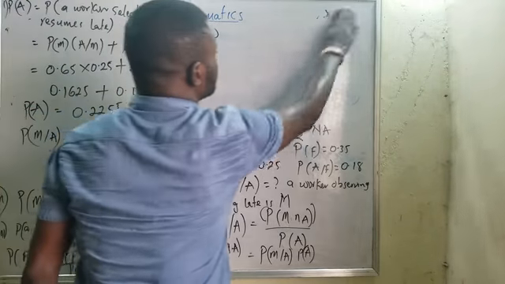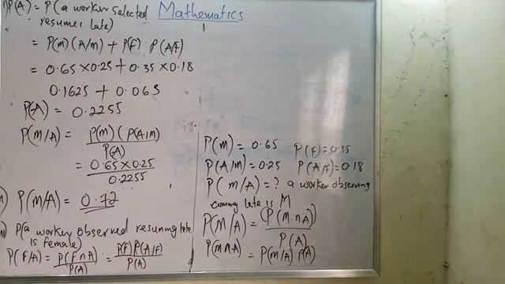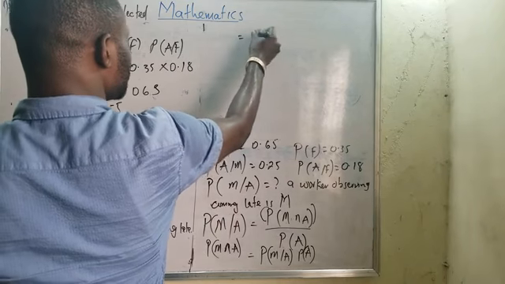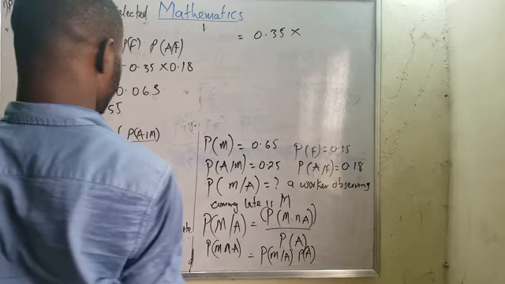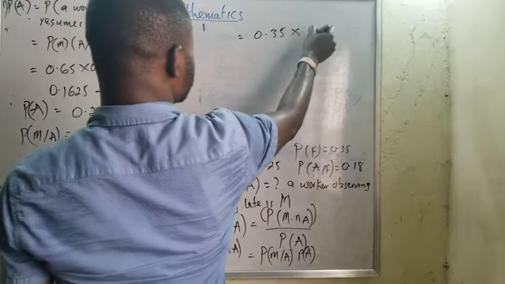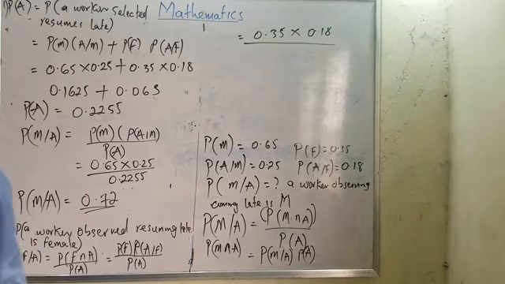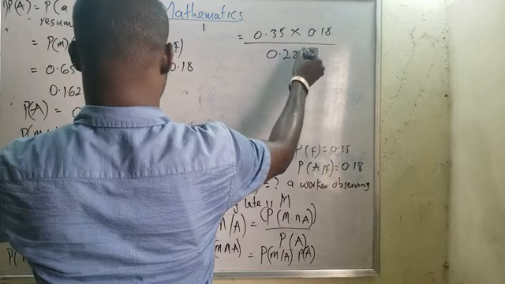Now, probability of F is 0.35 multiplied by probability of A of F. A of F is 0.18, divided by probability of A, which is 0.2255.